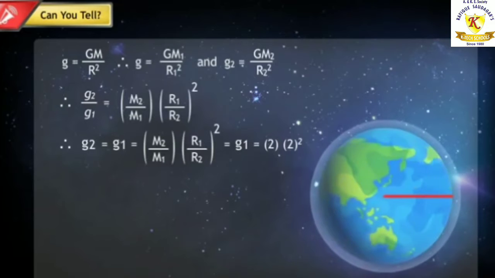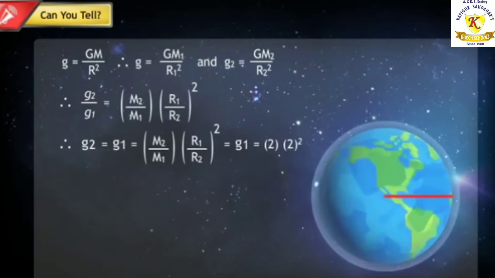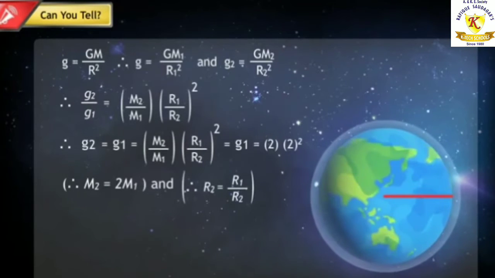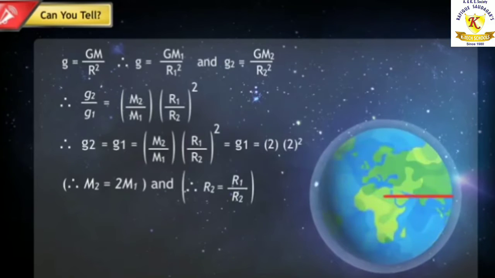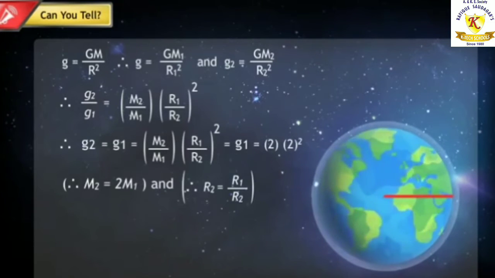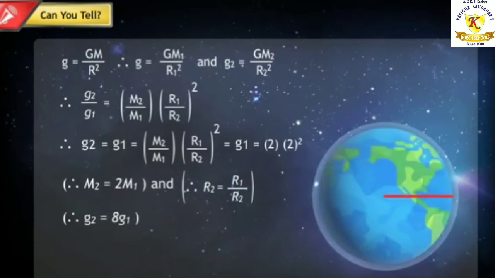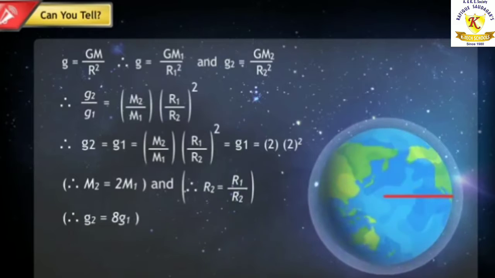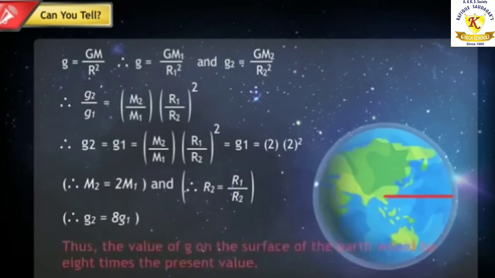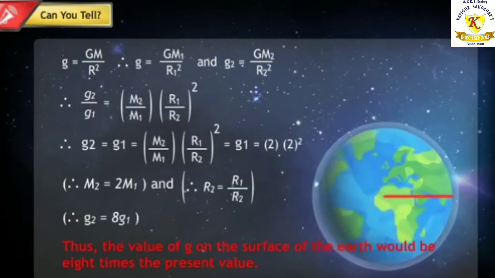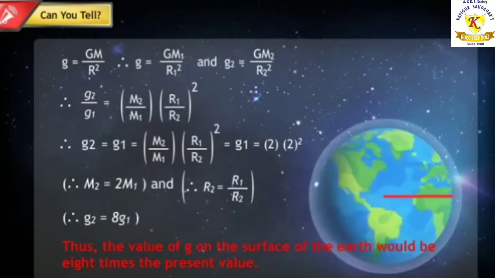That is, g2 upon g1 is equal to 2 into 2 the whole square, since M2 is equal to 2M1 and R2 is equal to R1 upon 2. Therefore g2 is equal to 8g1. Thus the value of g on the surface of the Earth would be 8 times the present value.